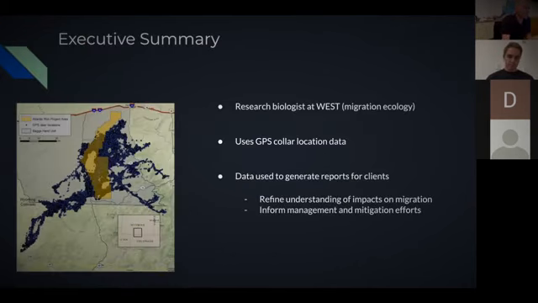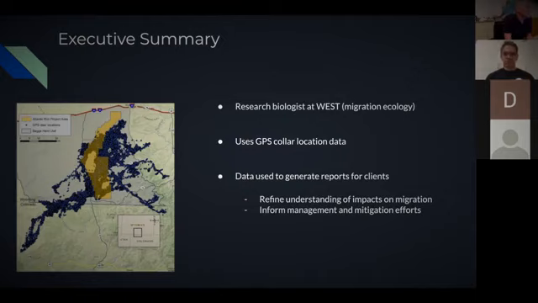And I'm going to give just a brief overview of our project, just to remind you of what we're trying to do. So a quick recap. Our group is working with a biologist at West who specializes in migration ecology, and he uses GPS collar data from big game animals to generate reports for his clients.